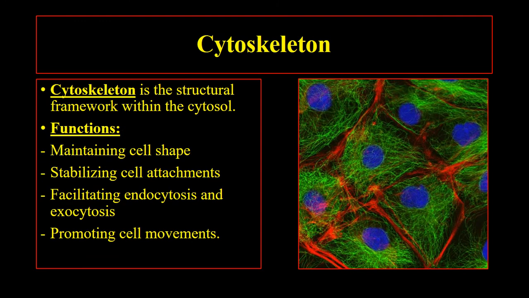And now let's talk about another type of organelle which has no membrane, and it is called the cytoskeleton. The cytoskeleton is a structural framework within the cytosol. Its main functions are maintaining cell shape, stabilizing cell attachments, facilitating endocytosis and exocytosis, and promoting cell movement.